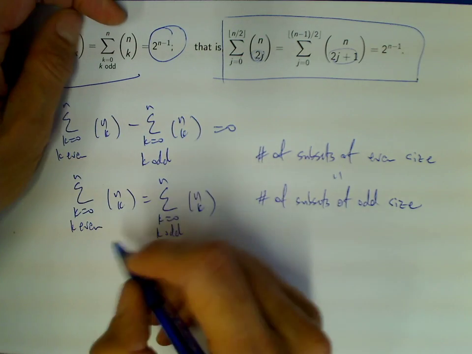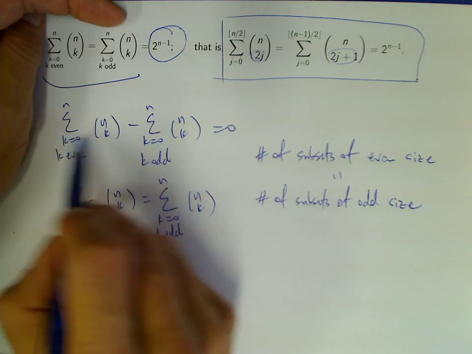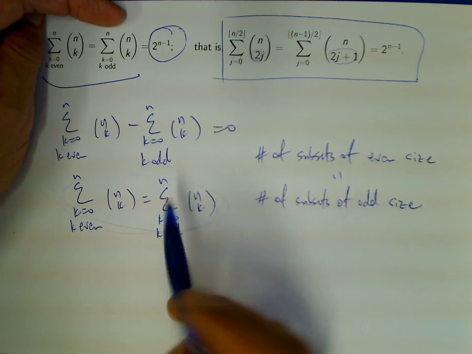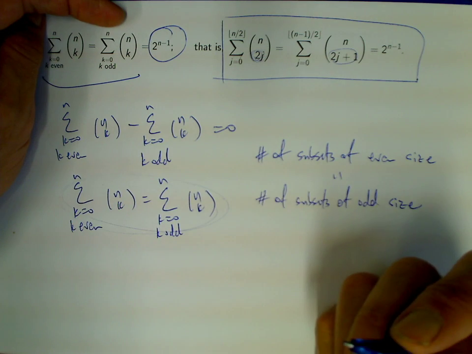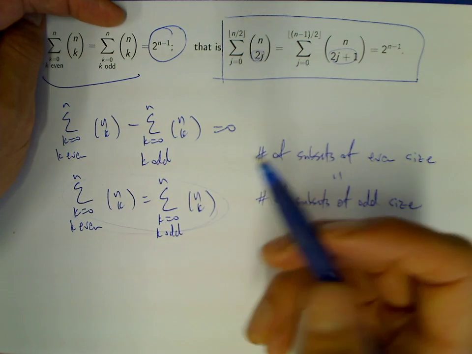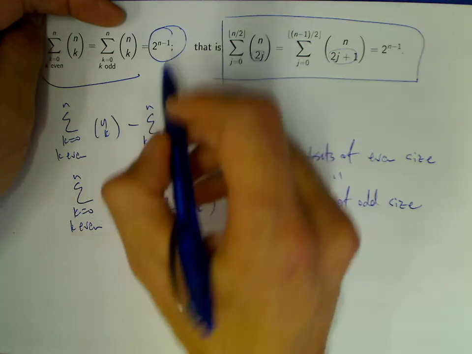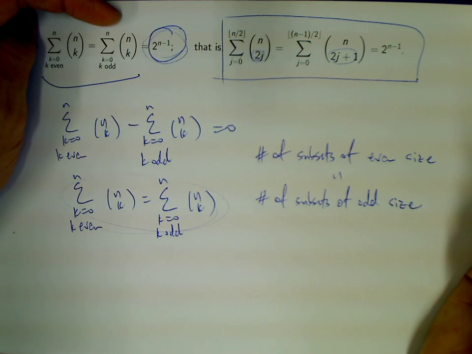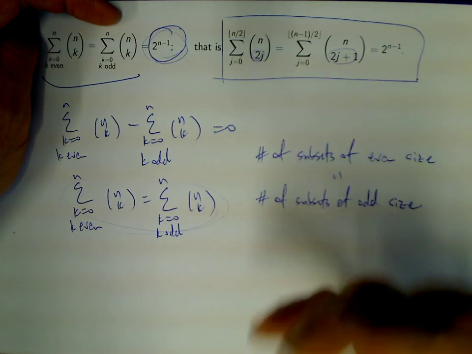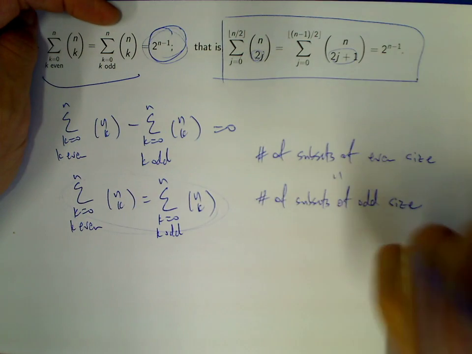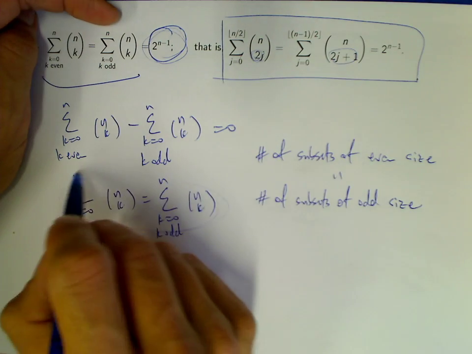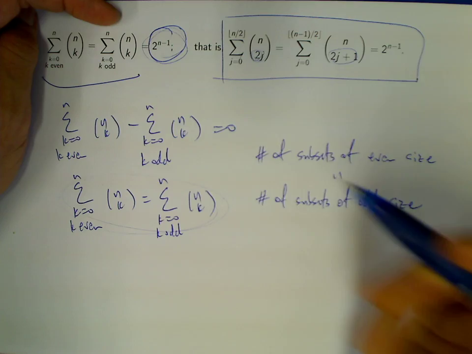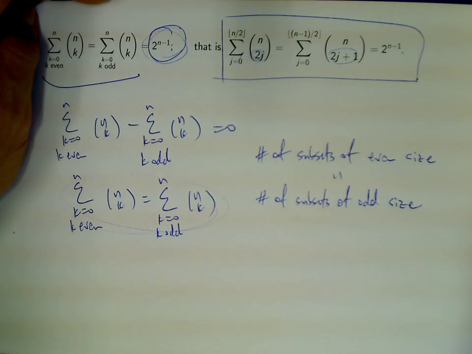Adding these two things together gives me 2 to the n, and they're each equal, so there must be half of that. Okay, and so that gives us 2 to the n minus 1. But again, that's one way to get it, through our binomial theorem proofs.